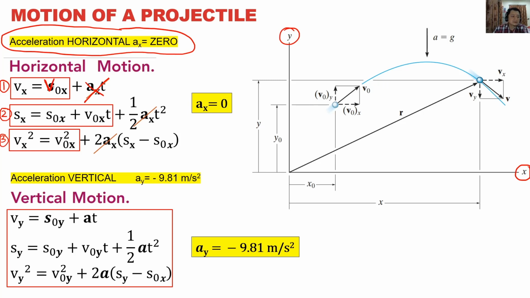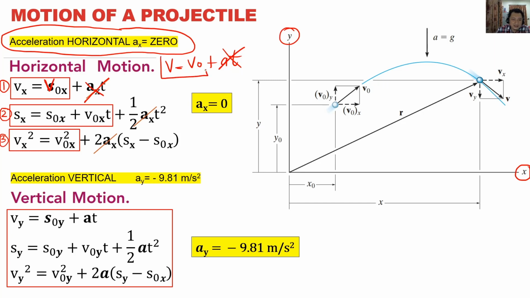Vx is equal to, like this, right? V is equal to V naught plus AT. So I'll modify this one. We need to modify this one. There is no acceleration.